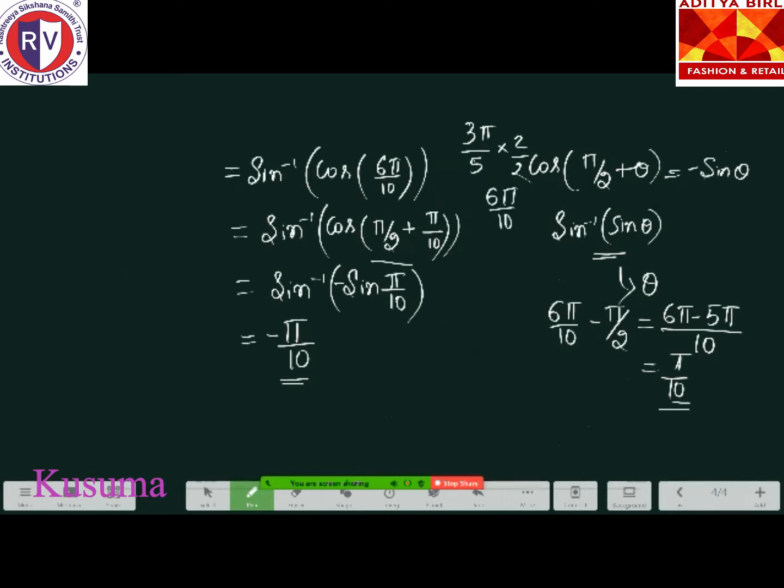This is how we got 6 pi by 10. But now we have to take this to the form pi by 2 plus theta, so that cos will be converted in terms of sine. Okay, so wait.